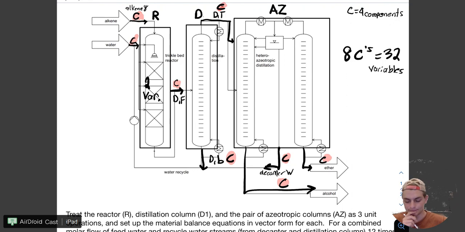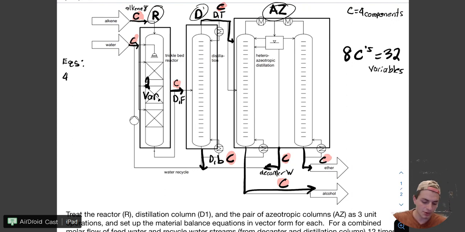Okay, so from here, let's discuss how many equations are actually taking place here. I'll put equations on this side. For equations, we need to figure out what our material balances are, how many equations are associated with each unit operation, the unit operations corresponding to these 3 processes here.